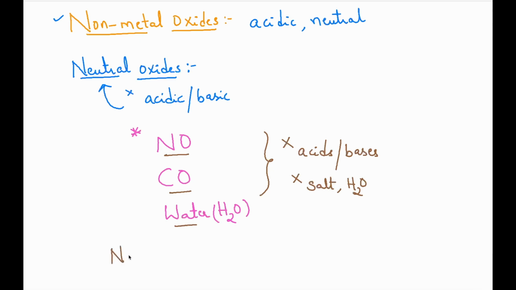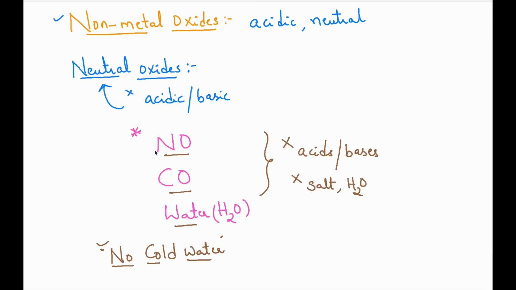No cold water is a simple way to remember the neutral oxides. This is nitric oxide, CO as in carbon monoxide, and water. To remember the neutral oxides, you can use this small trick.